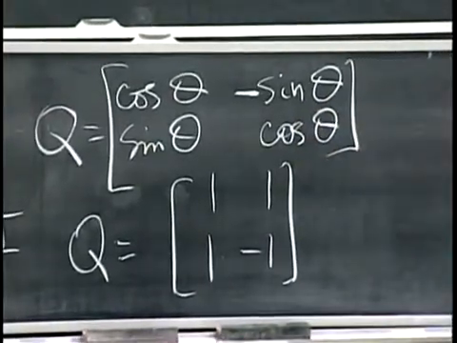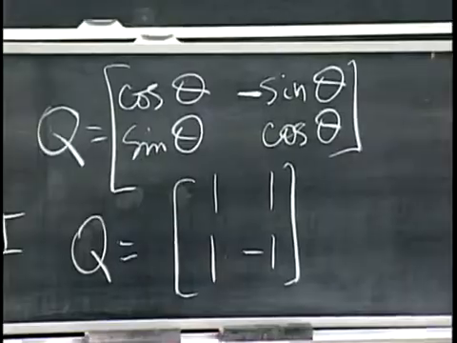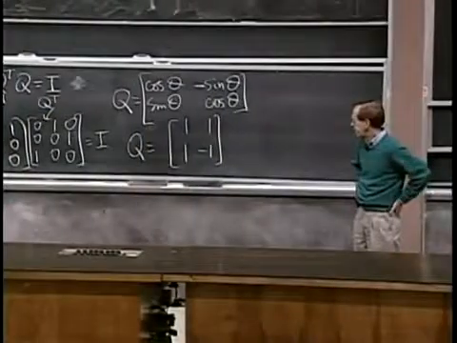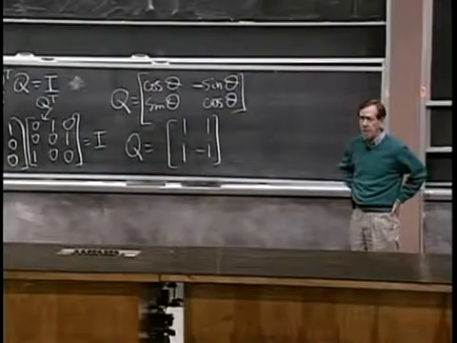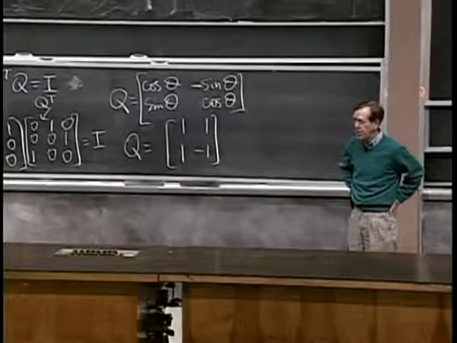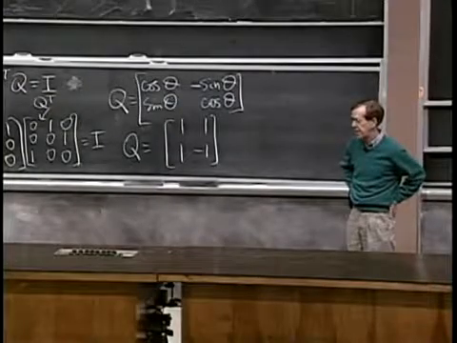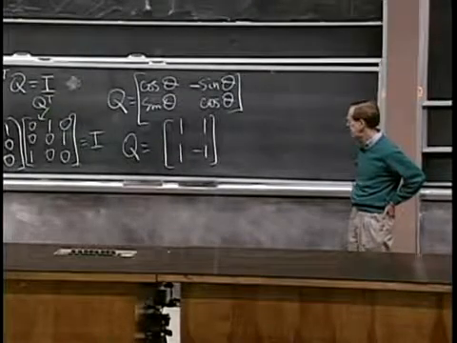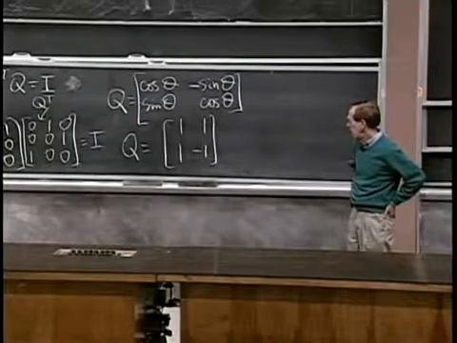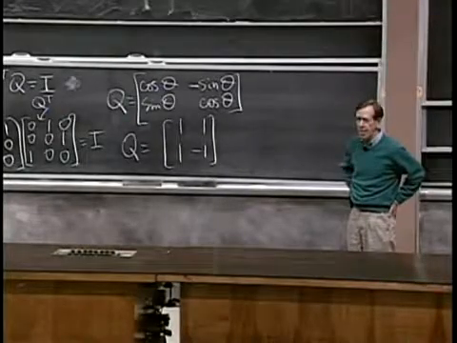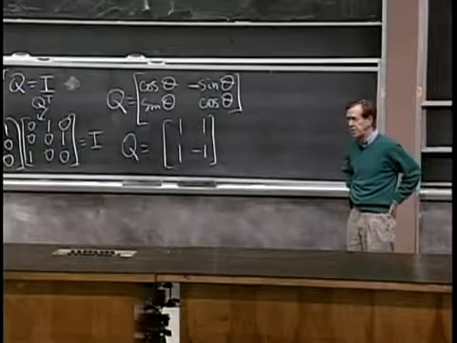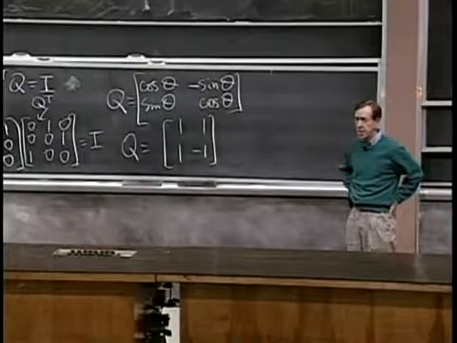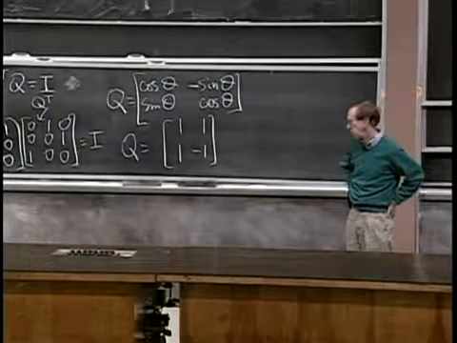Is that an orthogonal matrix? I've got orthogonal columns there, but it's not quite an orthogonal matrix. How shall I fix it to be an orthogonal matrix? Well, what's the length of those column vectors? The dot product with themselves is, right now, 2, right?